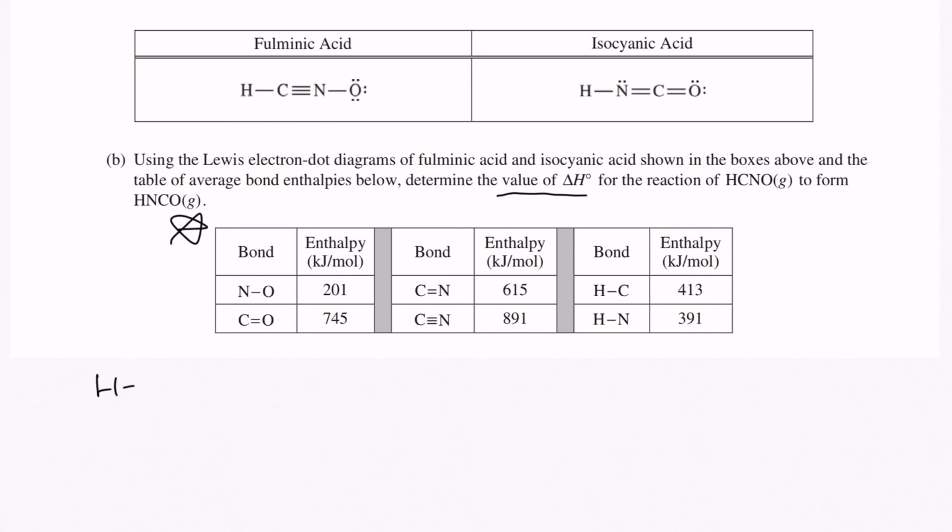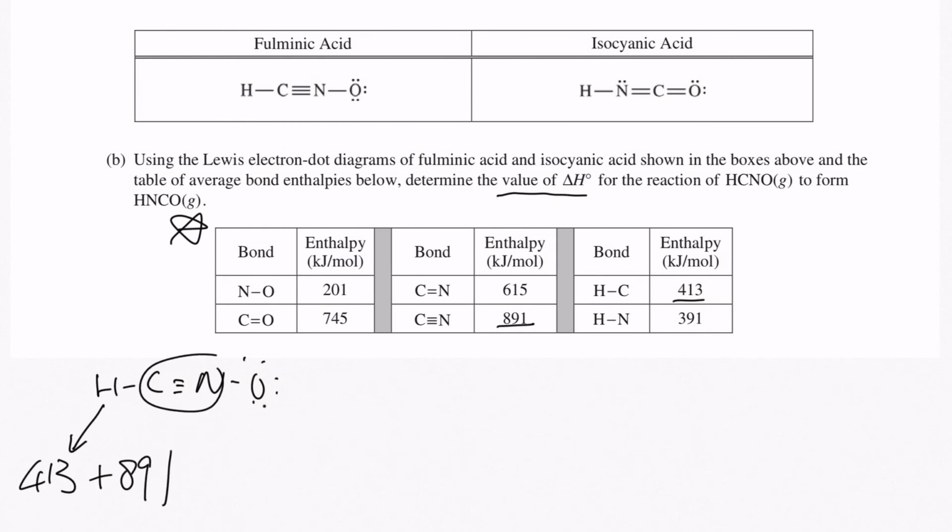For HCNO, we know the H-C bond is 413 plus 891, because this is from here, and plus the N-O bond, which is 201, and we got 1505.